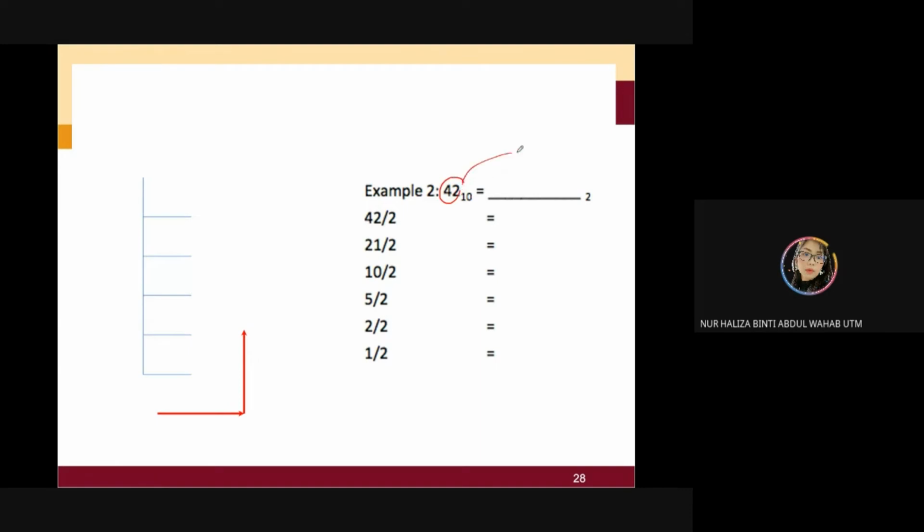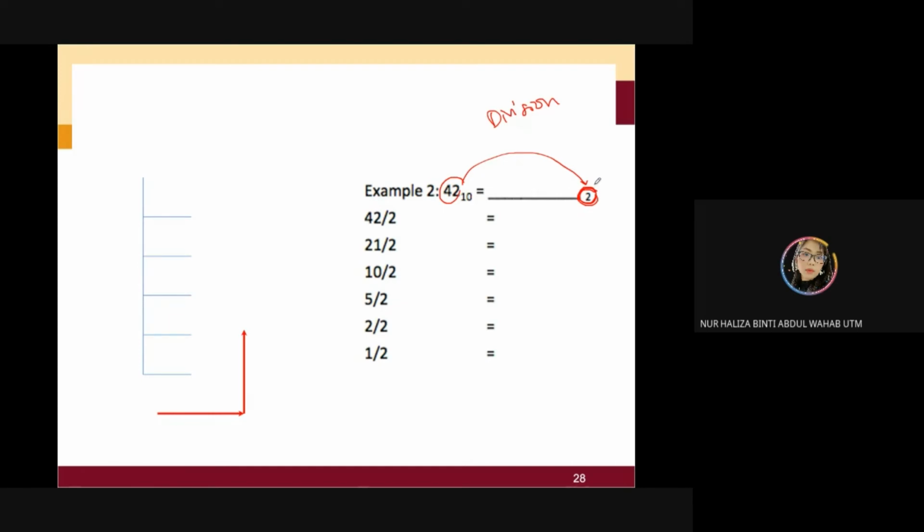We want to convert to binary. And we will know that we will use the division. We will divide with the base number that we want to convert to. So that's why we will divide with the value of 2, because we want it in terms of 2.